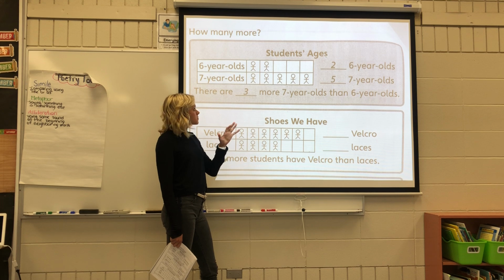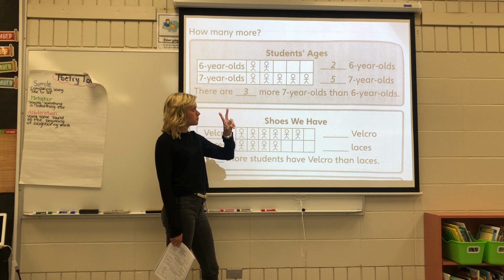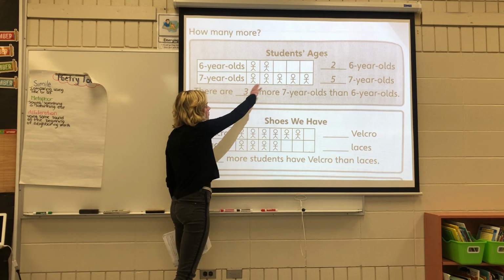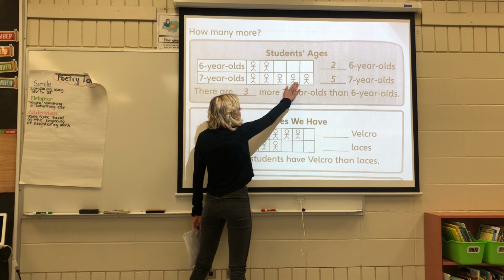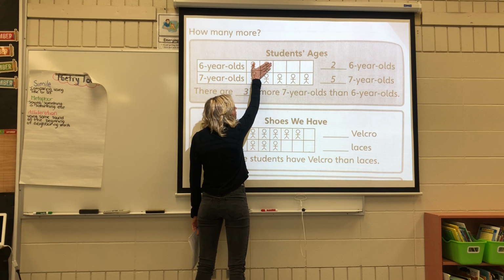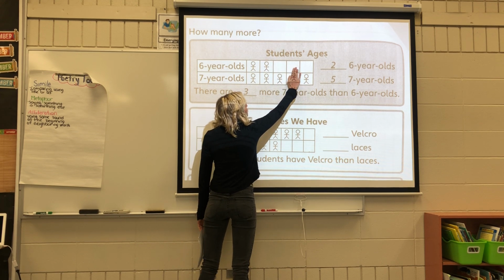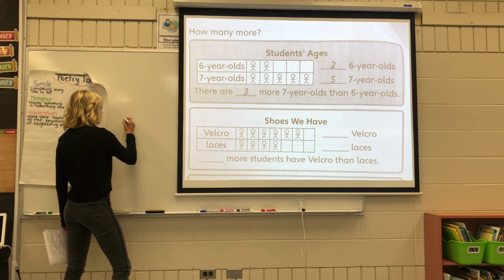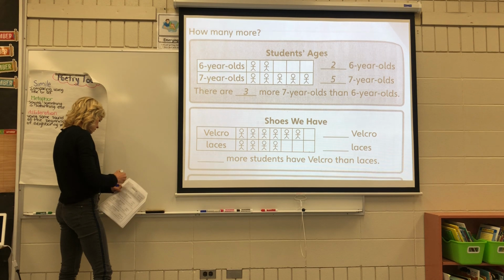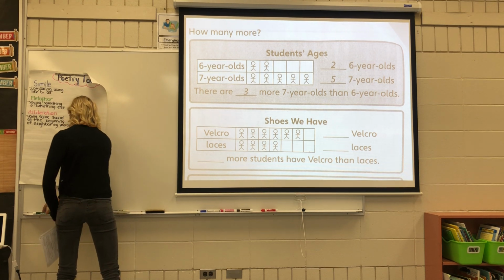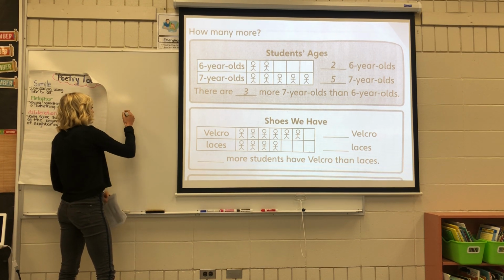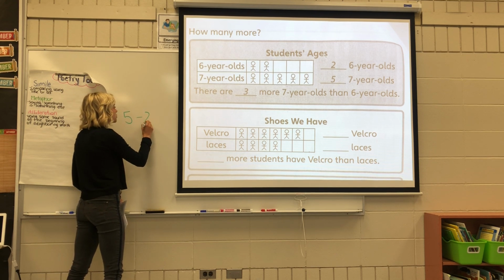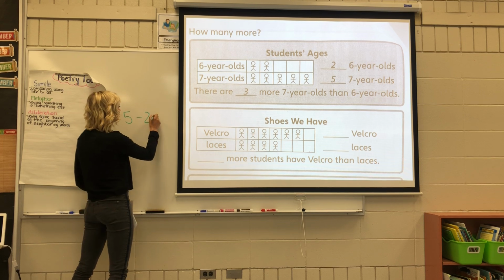Okay? So it's 5 and 2. So you can either do this by looking at the boxes in the graph. So I have 5 7-year-olds and 2. So there's 1, 2, 3 more. Or I can do some subtraction and I can say I have 5 7-year-olds and 2 6-year-olds.